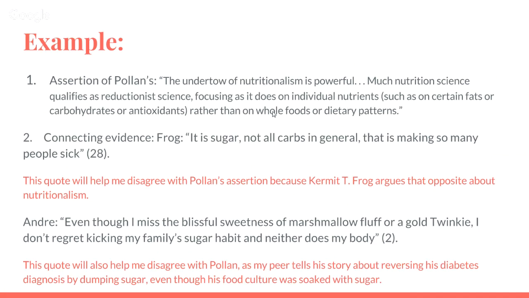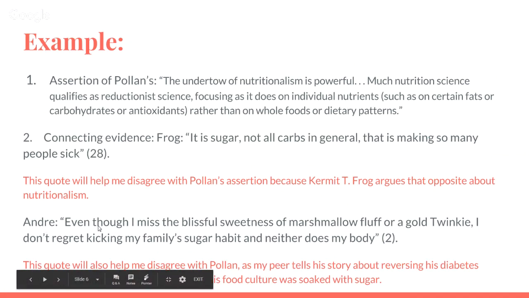So when you're connecting, sometimes it's helpful to think about, do these two sources challenge the other source? In this case, I'm going to say at least this quote does. This quote will help me disagree with Pollan's assertion because Kermit T. Frog argues the opposite about nutritionism.